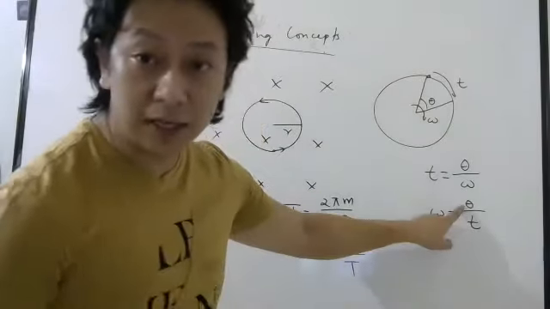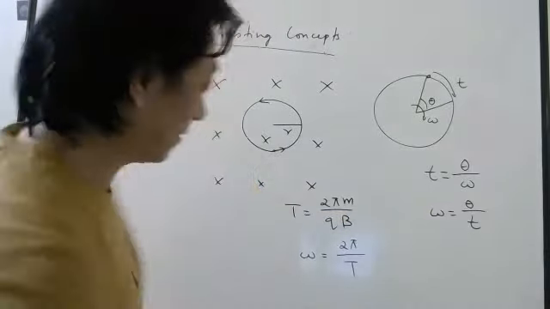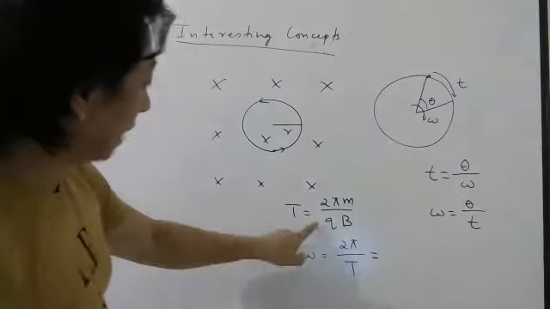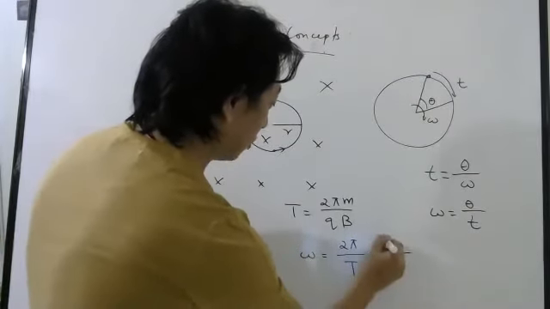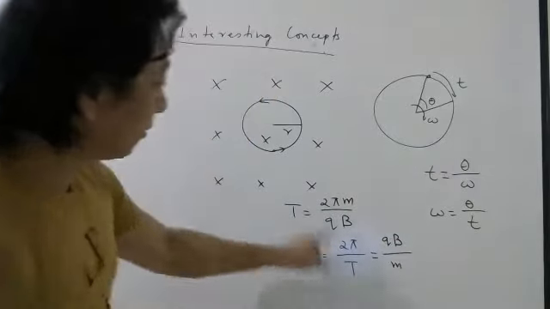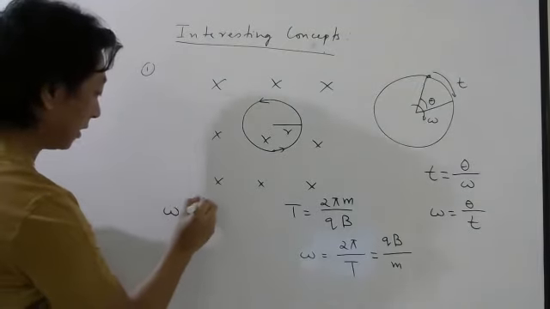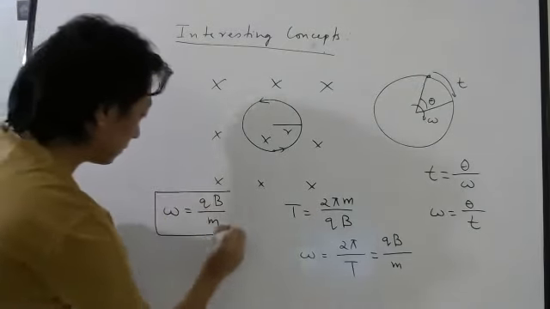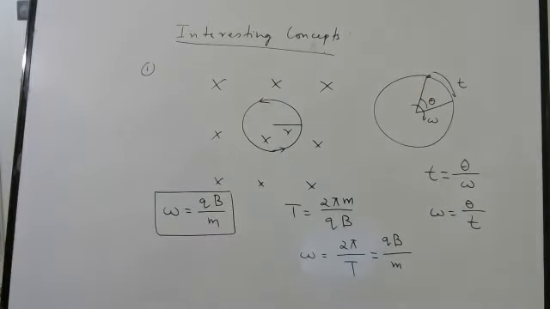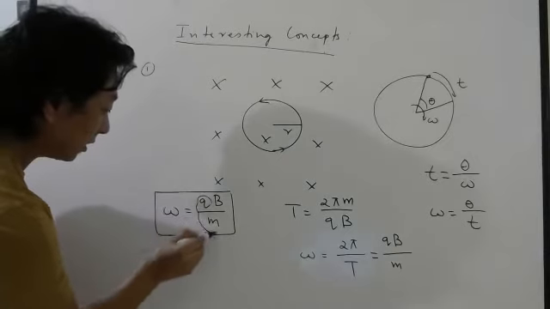So if the angle covered is 2 pi, the time taken is called the time period. If I substitute this time period here, I will get m by qB, and 2 pi will cancel. So I want all of you to memorize: angular speed is qB by m. Do you know, students, what this is called?